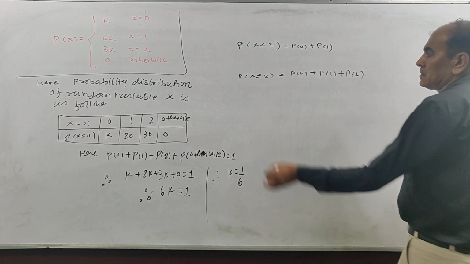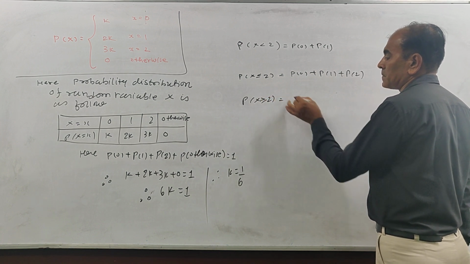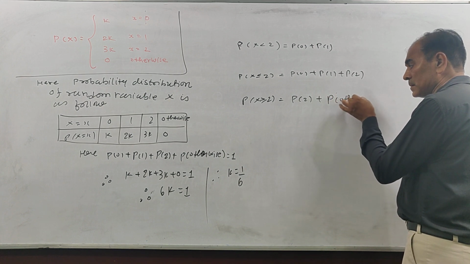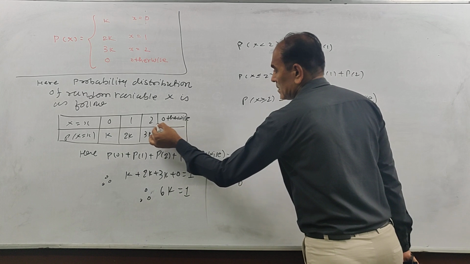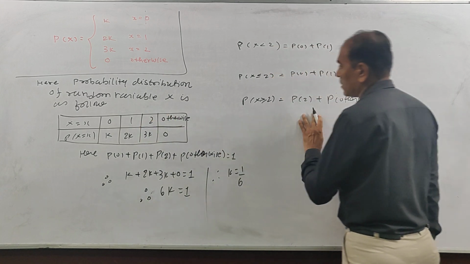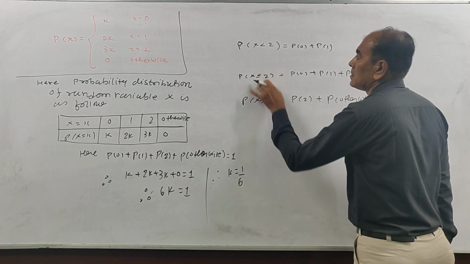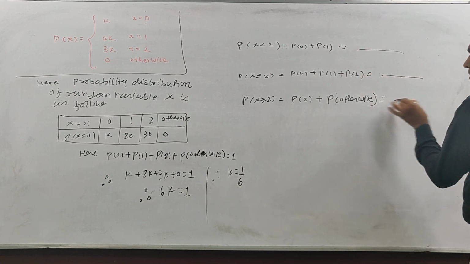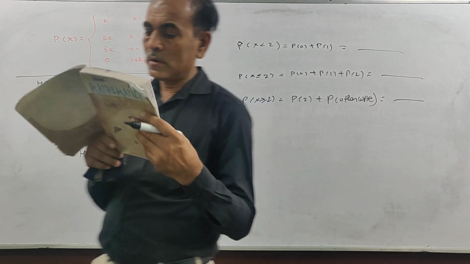And at last they want P of x greater than or equal to 2. That is P of 2 plus P of otherwise, greater than 2. Greater than or equal to 2 means 2 or more, less than or equal to 2 means 2 or less, only less than 2 is this one. Now you can replace the values here and you get the answer. So I am leaving that one for you.